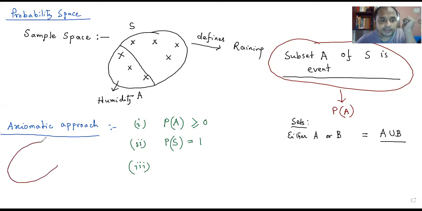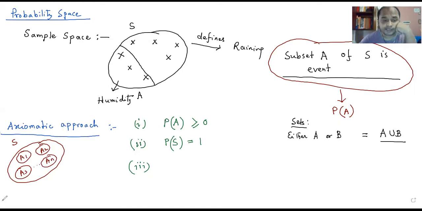By keeping this in mind, I'm going to write my third axiom, which is very important. Suppose we have a sample space capital S, and inside the sample space, we have several events like this. Suppose there are n events. What are the characteristics of these events? All these events are mutually exclusive.